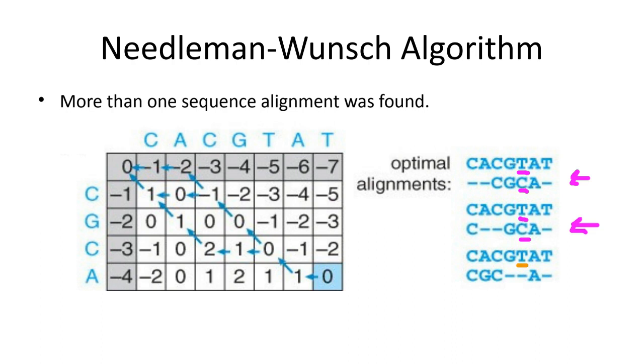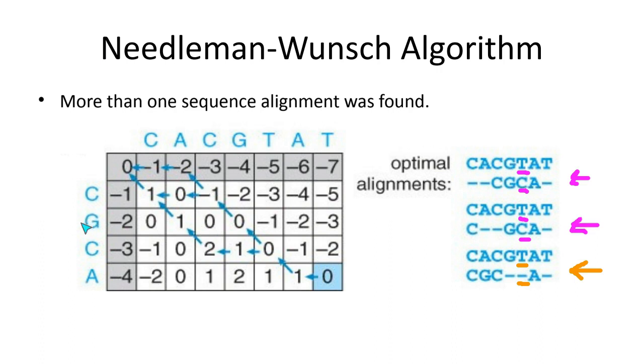If you just keep working your way over and applying that rule, diagonal movement is you're aligning a letter from both sequences. Horizontal movement is you're taking a letter from the top and aligning it with a gap. We don't have any verticals in here, but vertical movement would be taking a letter from the side and aligning it with a gap.